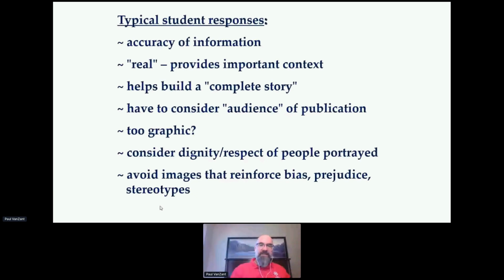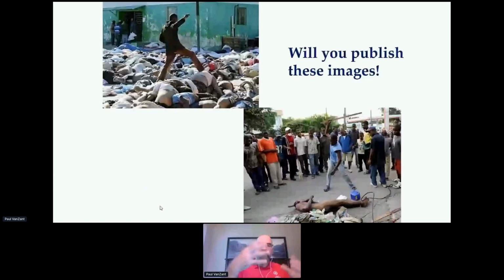For your context, the first is an image of this individual trying to navigate through the bodies outside of an overcrowded morgue in Port-au-Prince. The second is an attack on a looter in the streets.